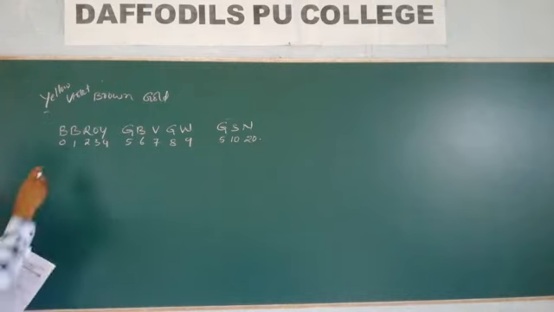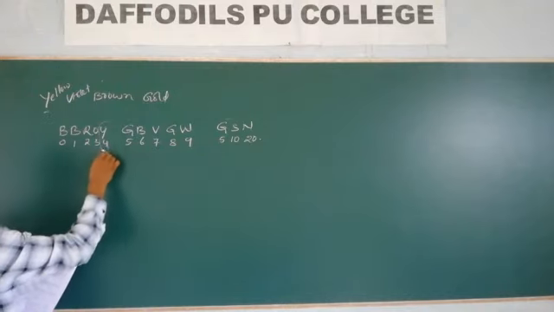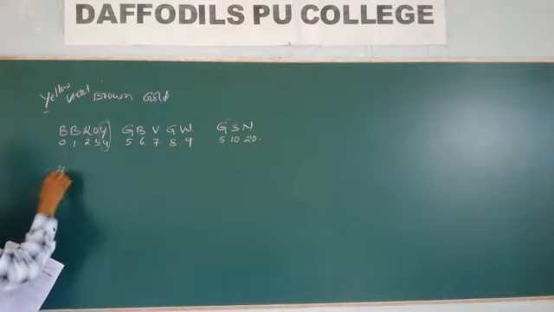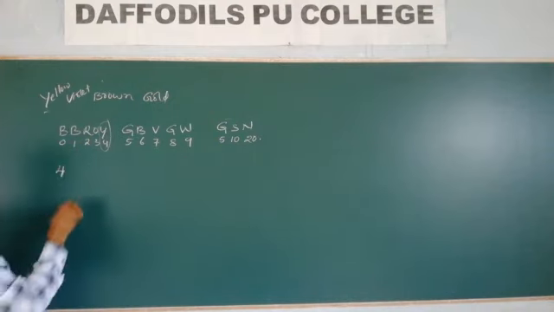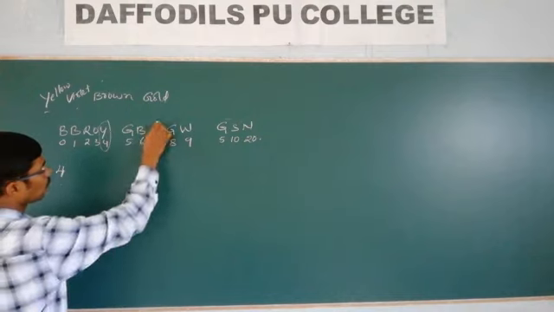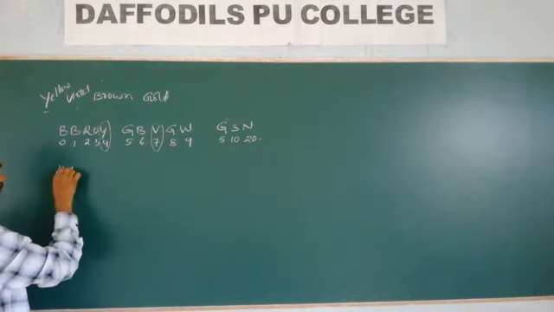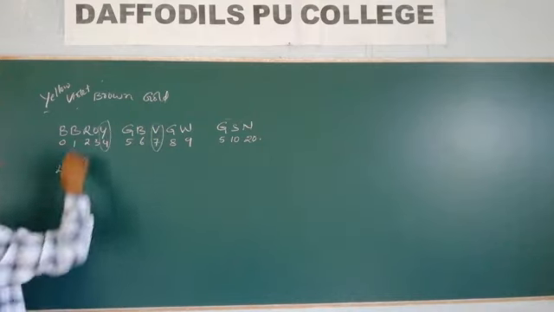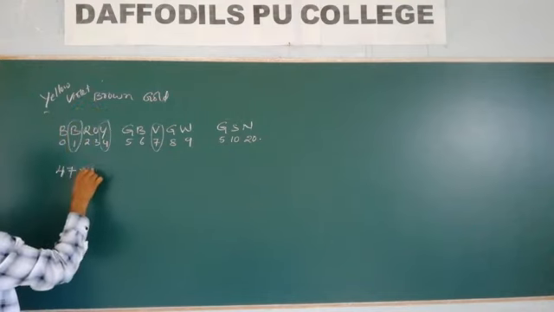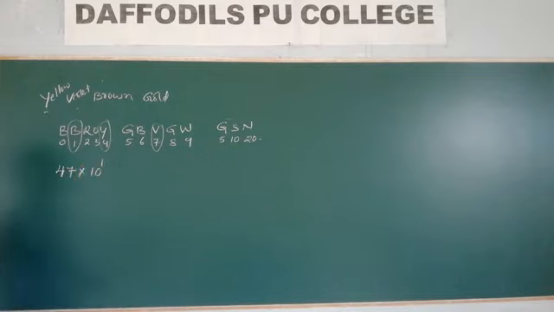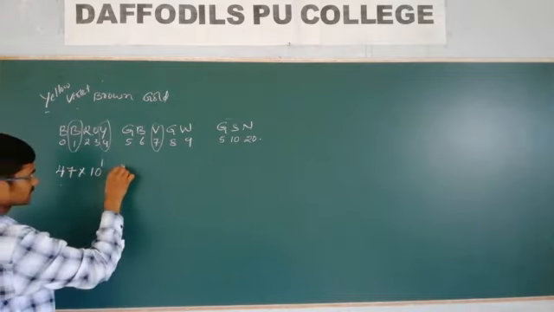Yellow is 4. The first two colors give the two digits of the resistor, which are 4 and violet 7, and the third color, brown, represents the multiplier, 10 power 1.